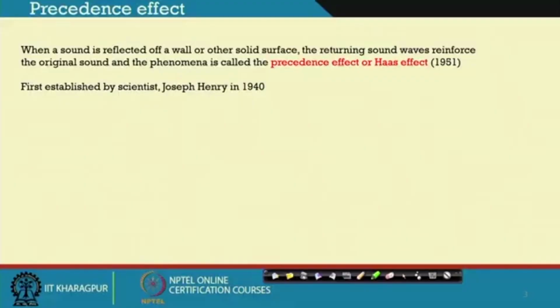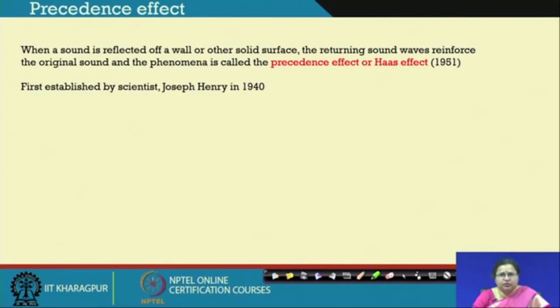This particular effect is called the precedence effect or the Haas effect, which was initially established by Joseph Henry in 1940, and later known as the Haas effect or the precedence effect since 1951. When the sound is reflected off a wall or other solid surfaces, the returning sound waves reinforce the original sound, and that phenomenon is called the precedence effect.